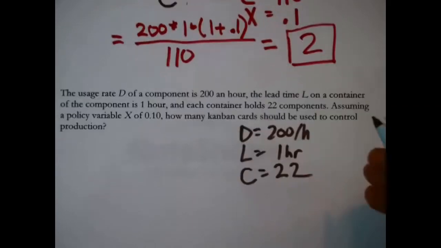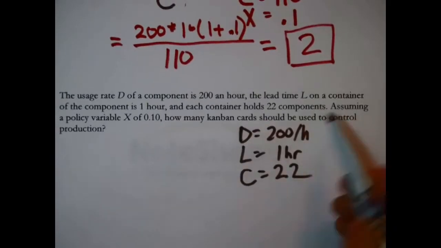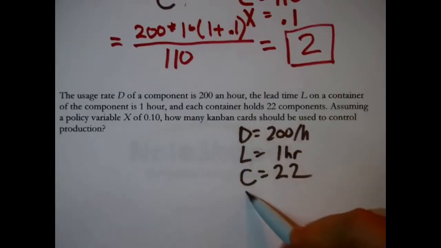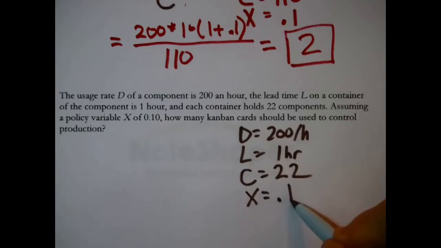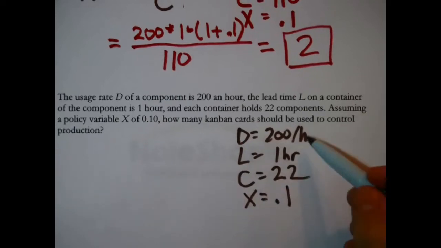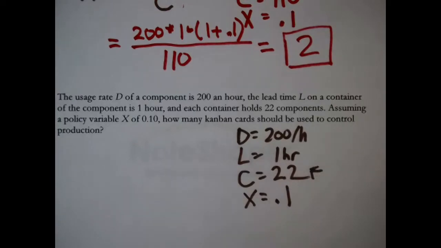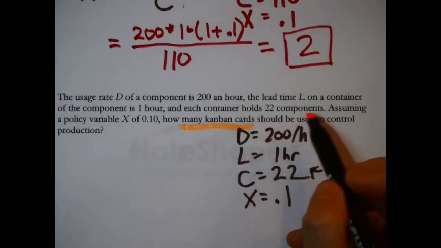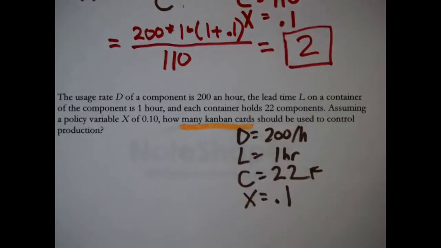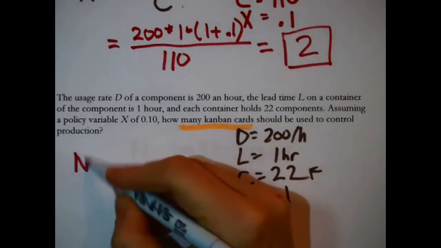With this next question, we have a smaller container. I'm assuming a policy variable of x equals 0.1. We have the same situation as previously, except we have a smaller container. We have the same question being asked: how many Kanban cards, which indicates we should use the same formula.